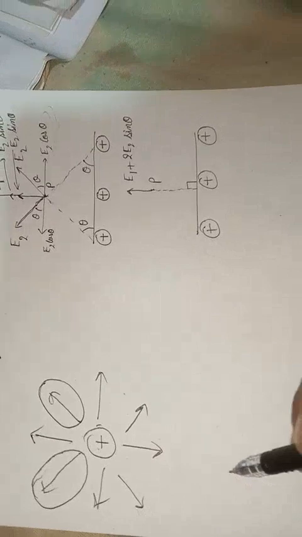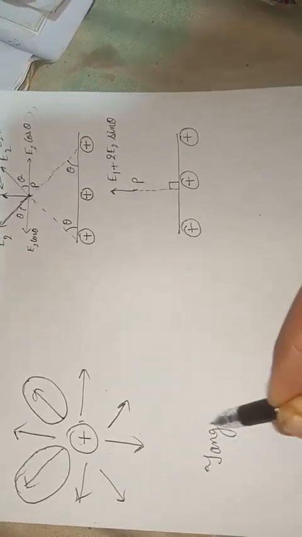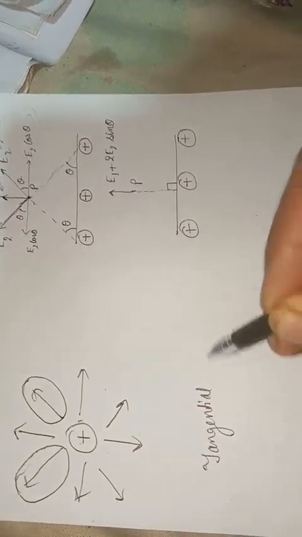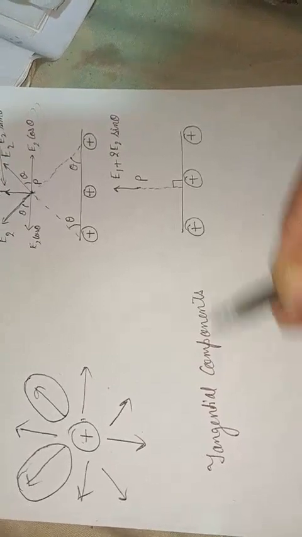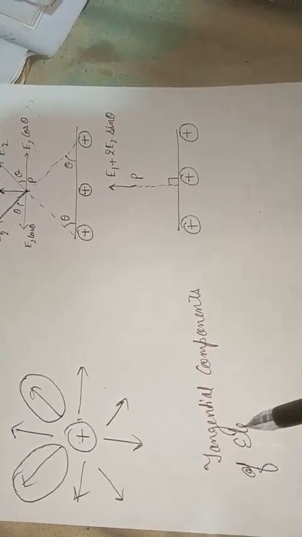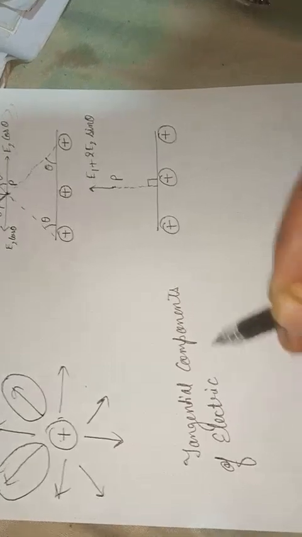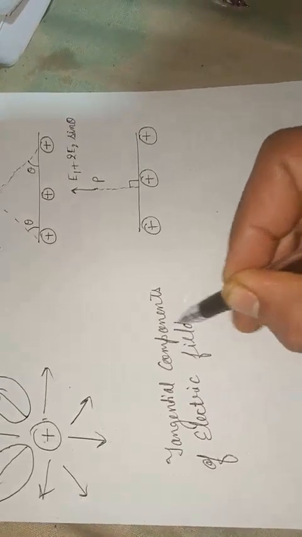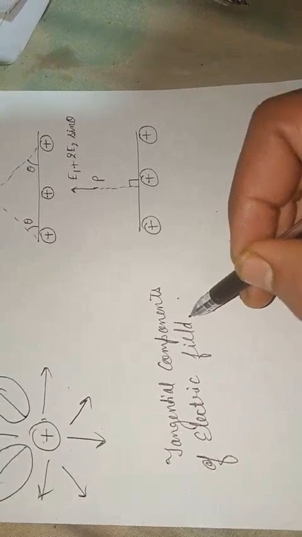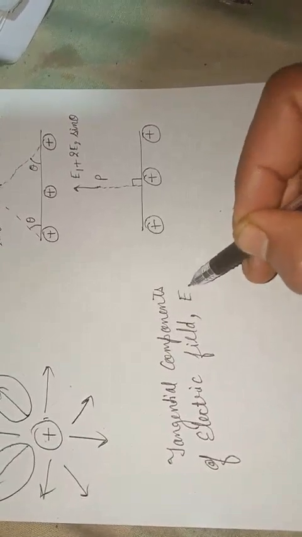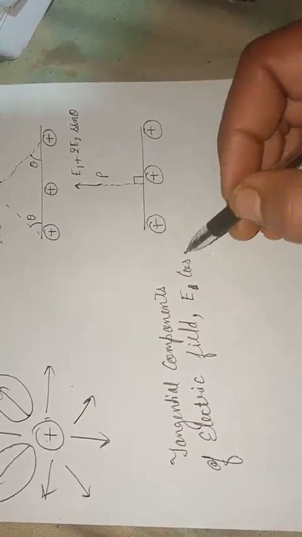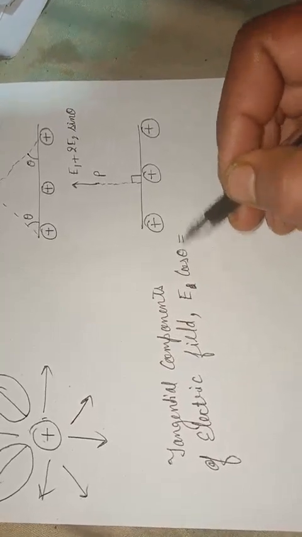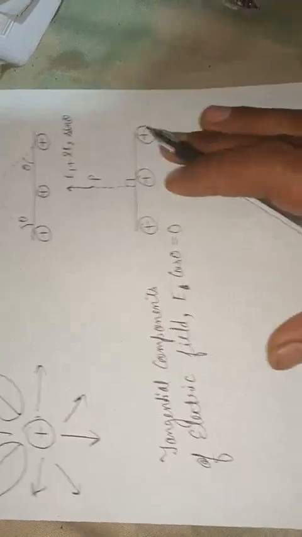So we can say that the tangential component of the electric field, E cos theta, or simply E2 cos theta, equals 0.